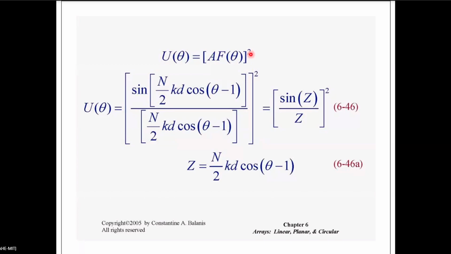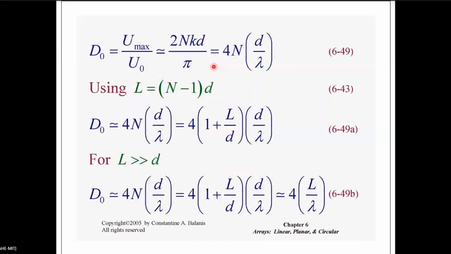If you do the integration, you get 4L by lambda, with L much greater, L equal to n minus 1 into D. So this is the expression for D naught for the end fire array.